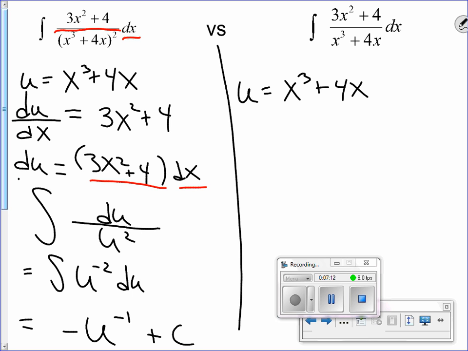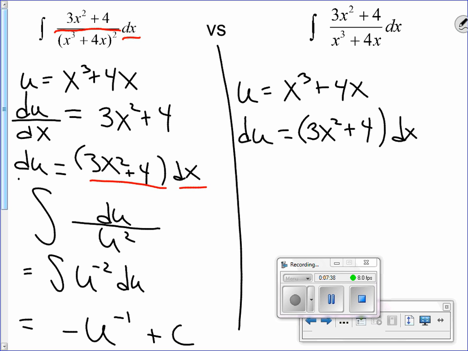This time I'm not going to first get du dx and then du. It's kind of like a wasted step. We just get the derivative and multiply by dx. So du equals, oh, we did this already, didn't we? 3x squared plus 4 times dx. Once you get du, you take inventory.